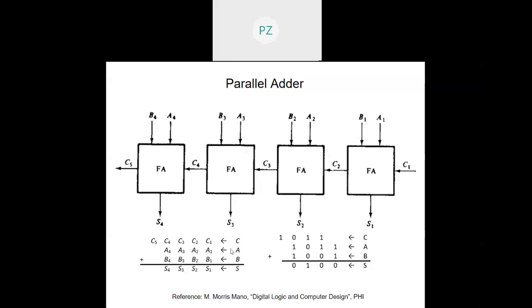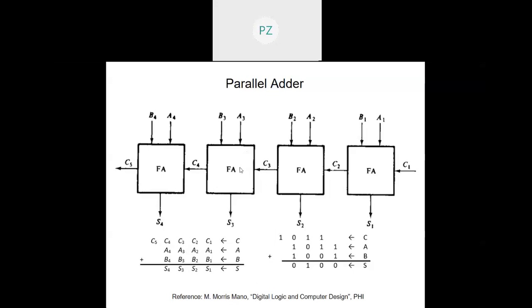So essentially, I have got the full adders employed like this. This full adder receives the carry bit if there is any coming from this side, and the sum bit that it is generating. These are the two bits that are to be added, A1 and B1, and whatever carry comes out goes to the next stage. The next stage, along with this carry, adds up A2 and B2 and gives me S2 and C3.